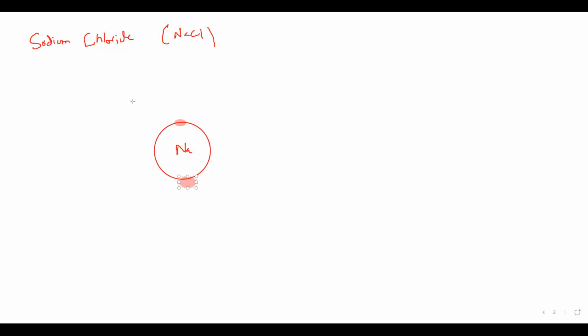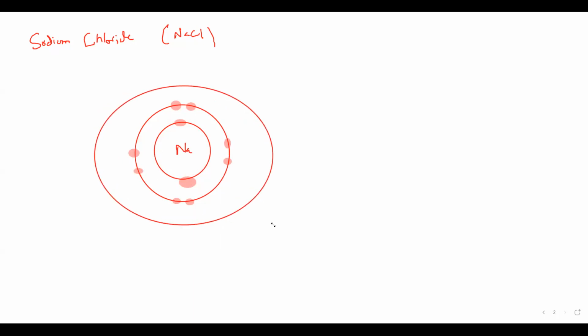The second shell is having 8 electrons. And the third shell is having only 1 electron. So 1 electron is there in the last shell.